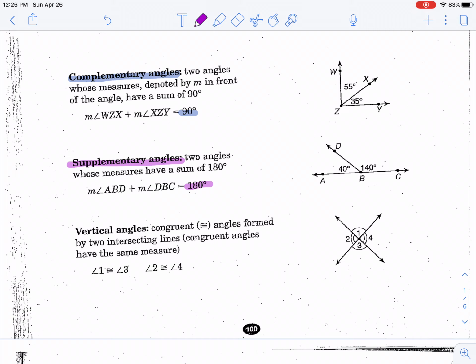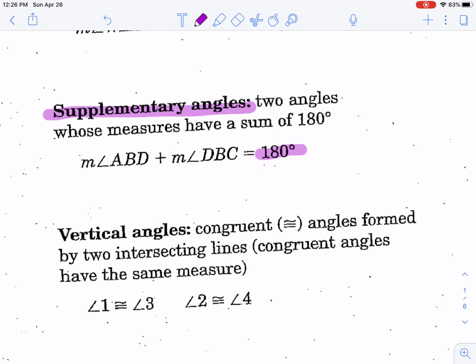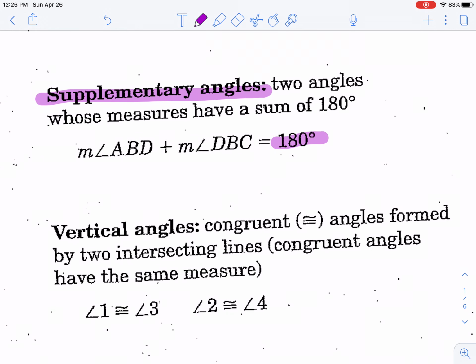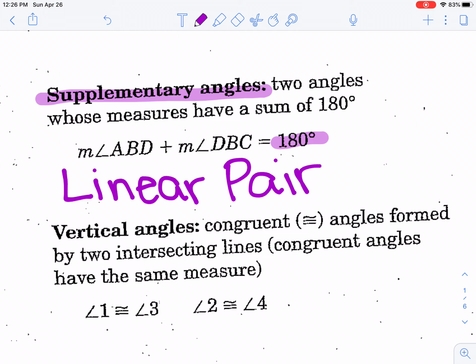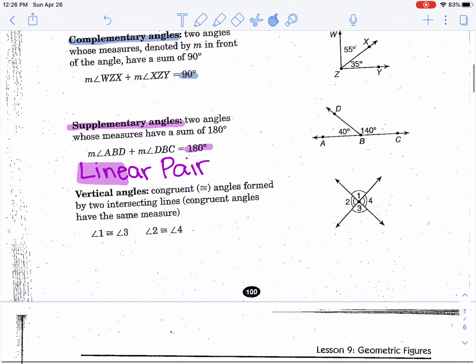Do you remember what the other name of the supplementary angles was? It started with an L. They are also called a linear pair. Notice the word line is in there, and they make a straight line.